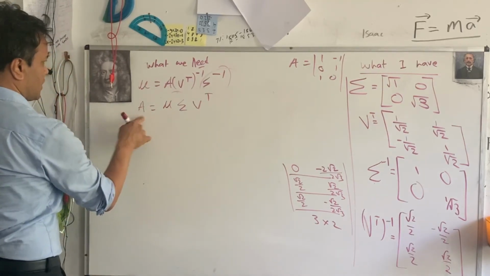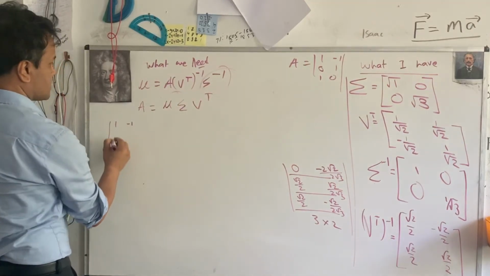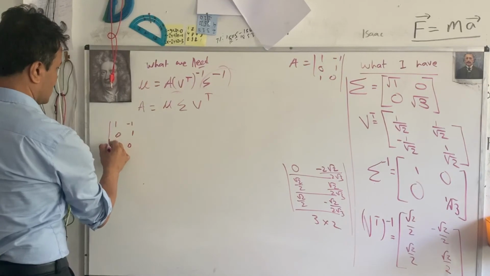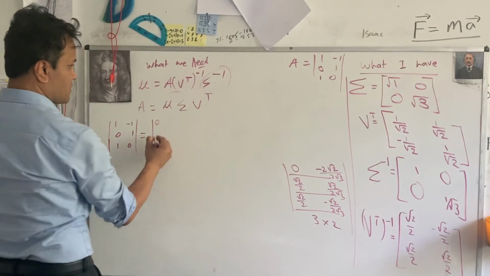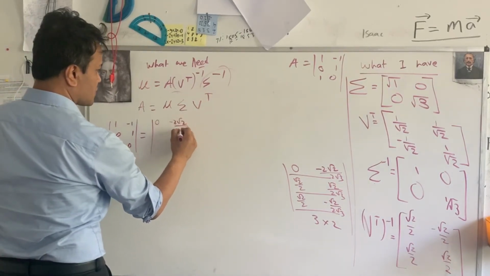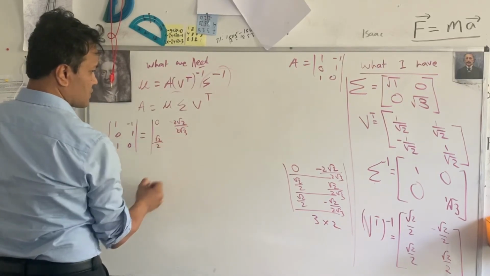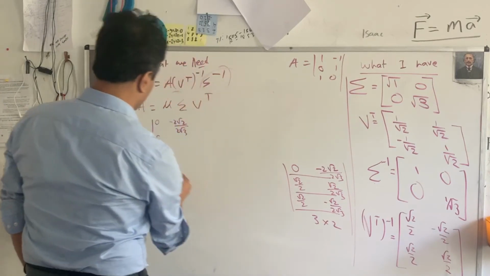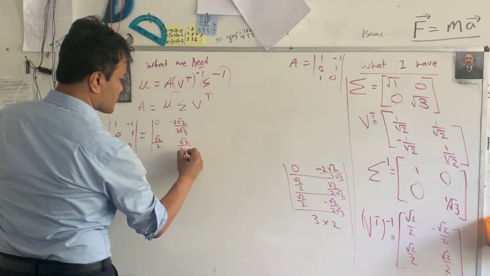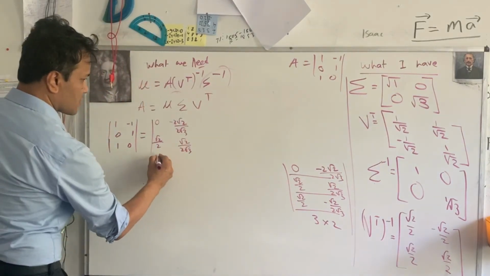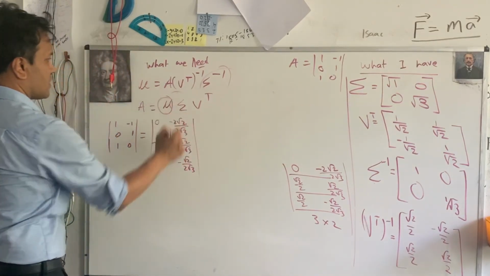We have that A is [1, -1; 0, 1; 1, 0], and mu, which we just found, is a 3 by 2 matrix: 0, square root of 2 over 2 square root of 3, square root of 2 over 2, and square root of 2 over 2 square root of 3. Is it negative square root of 2 over 2? I think positive square root of 2 over 2. And the other column is square root of 2 over 2, and negative square root of 2 over 2 square root of 3. Alright, this is our mu.